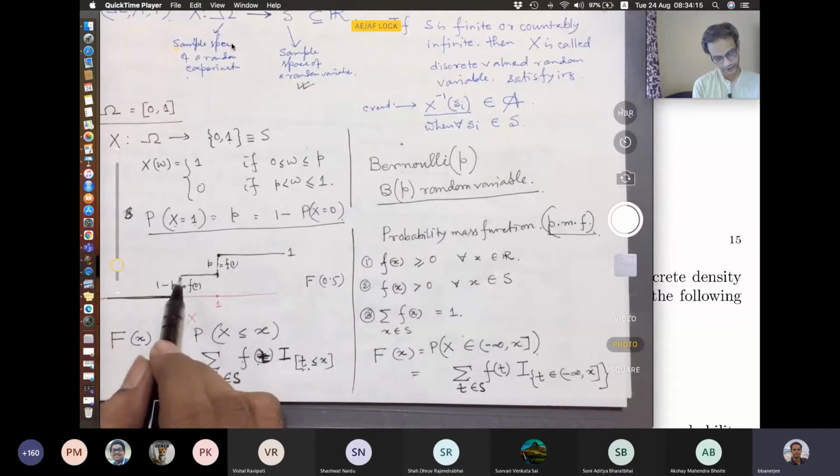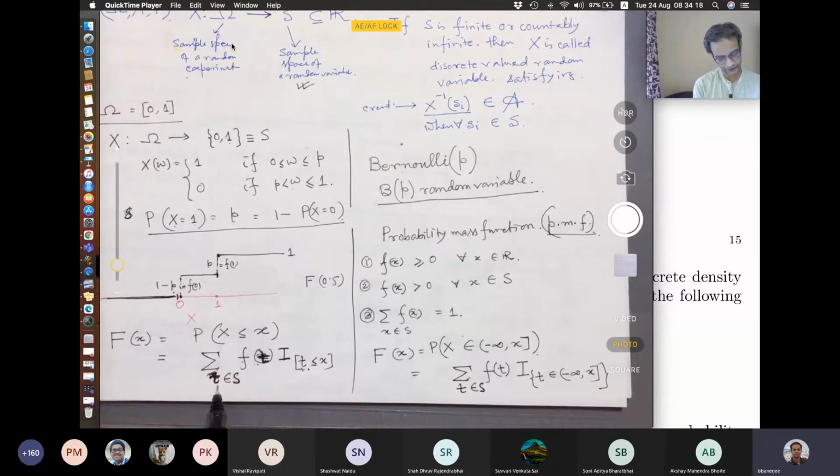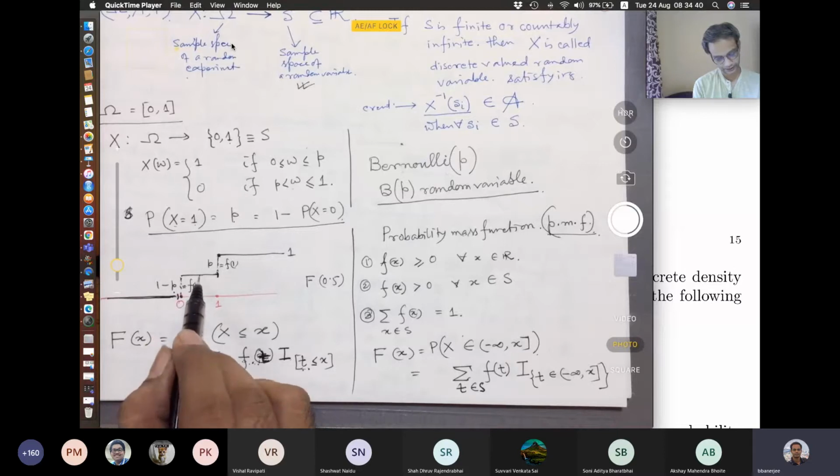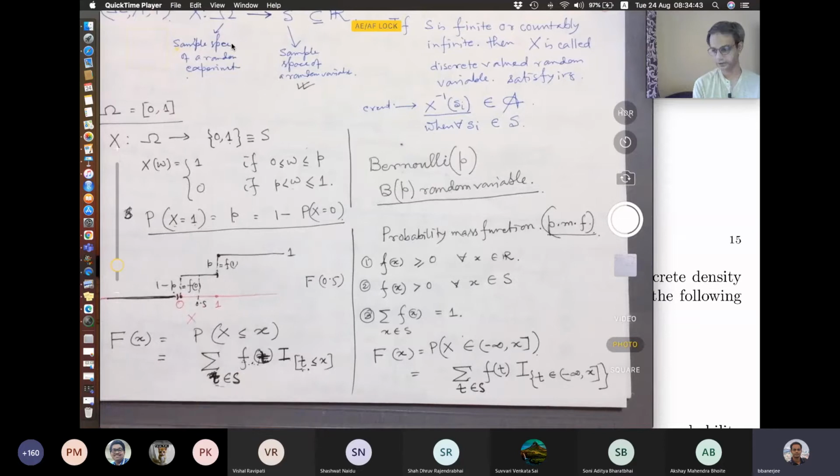So you have an amount of jump small f0 at t equals 0, and then t is strictly less than s. So this condition is satisfied, and this condition is also satisfied. Then from this function you will get 1, and from this function you will get 1 minus p. So 1 minus p will be the contribution, and that will be retained for 0.5. In this way you will get the probability X less than or equal to x. Now for the general case we will be able to extend the same idea without any problem.